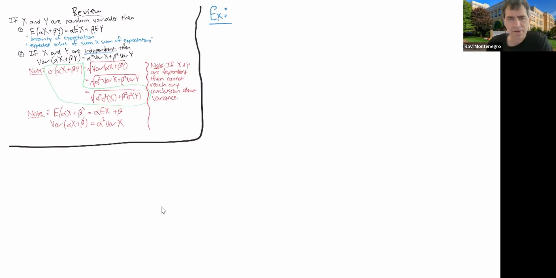Okay, so let's suppose that a passenger is getting on a plane and the airline wants to figure out some information about what the combined weight of the person and their luggage will be.